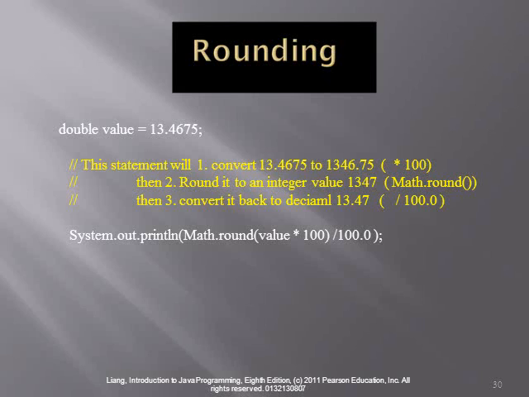One of the things to understand is that the round method of the math class rounds only a value to the nearest integer. So if I simply tried to round my value as it is, I would end up with 13.